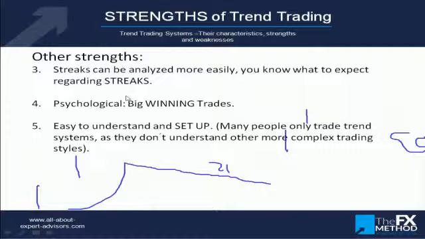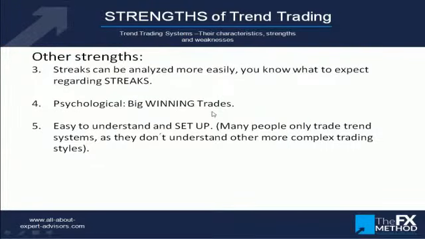Good question. So the streaks can be analyzed in trend systems. That helps a lot, but we'll see in the weaknesses. You need to have a very strong psychology, because you will have one stop loss, another stop loss, another stop loss, another stop loss, up to 21. And you need to go through that. Okay, so psychologically, it also helps a lot suddenly to make a 3%, right?